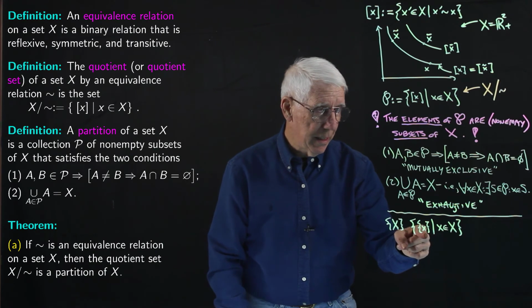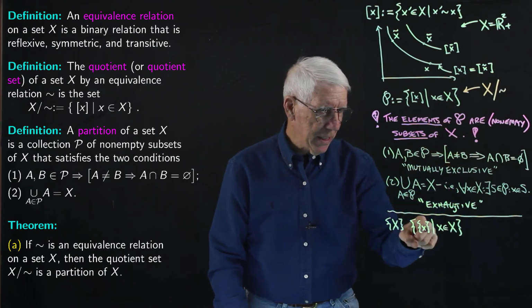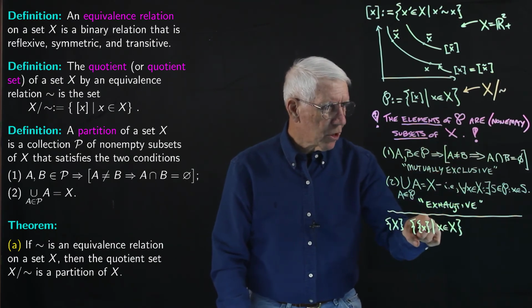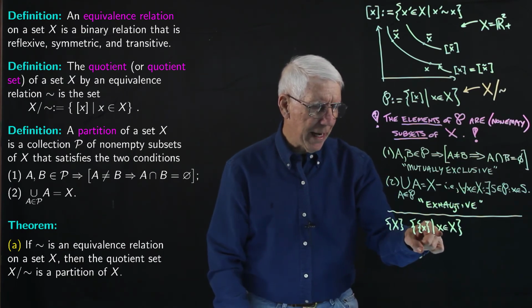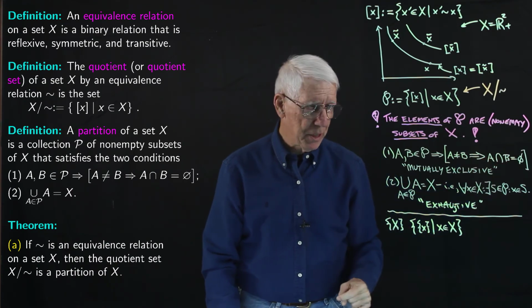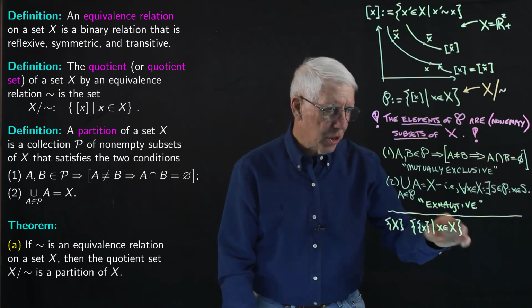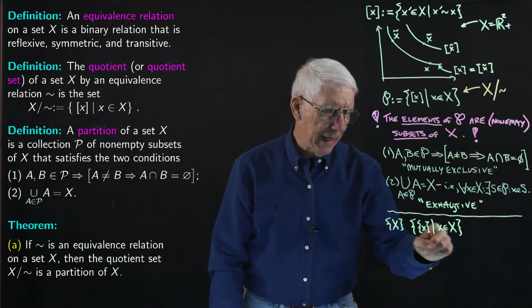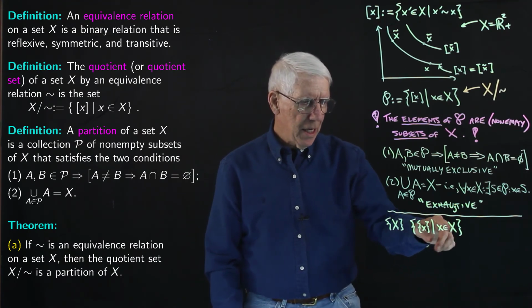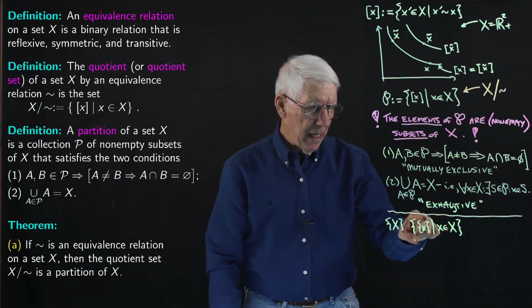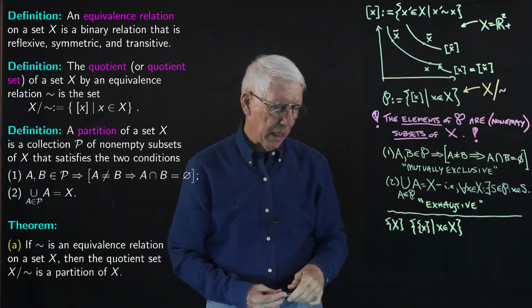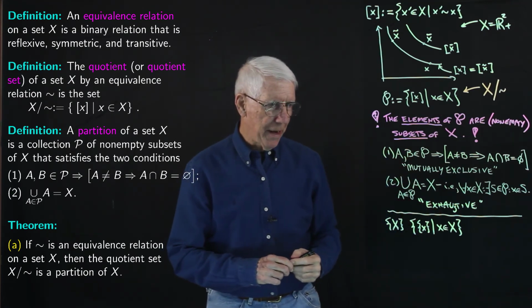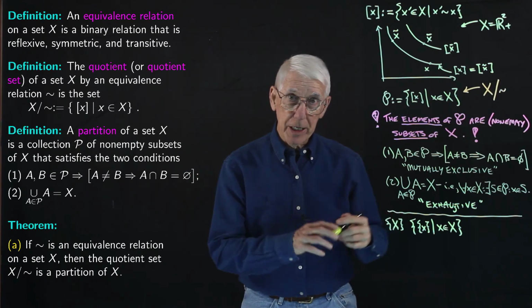Clearly they're mutually exclusive because any two distinct sets come from two distinct elements of X, so their intersection is going to be empty. And the sets are exhaustive because every element of X is included. So this is a set of non-empty subsets of X, and they are mutually exclusive and exhaustive subsets of capital X.